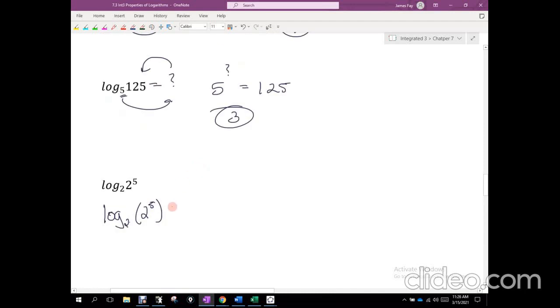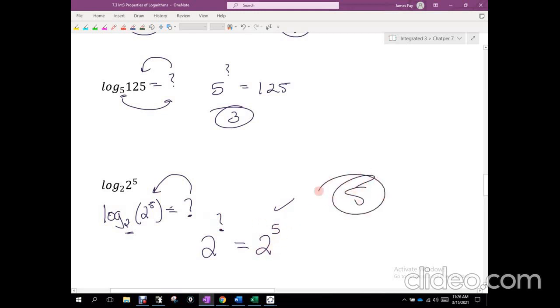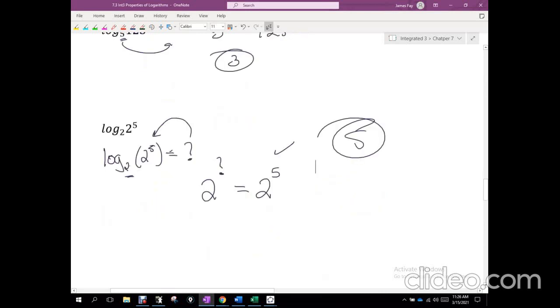So here's my question. My base raised to the what number will come back and give me 2 to the 5th? What does this number have to be right here so that I get that side right there? It has to be 5. Has to be. Okay? So what am I saying here? This is a property that becomes very useful for us.